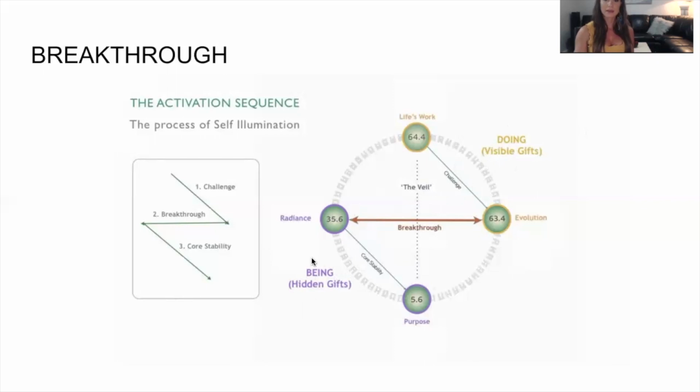And here, these are the pathways: challenge, breakthrough, core stability. Those are the three pathways that we have in the activation sequence.